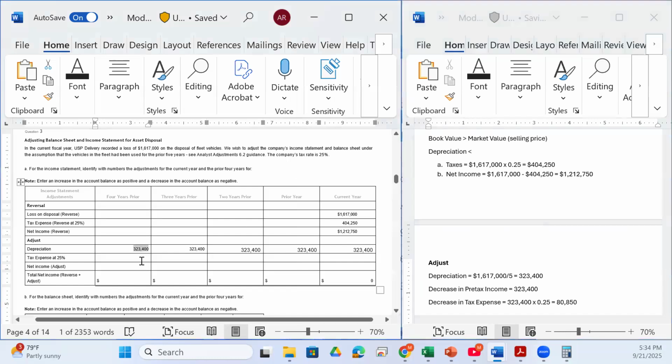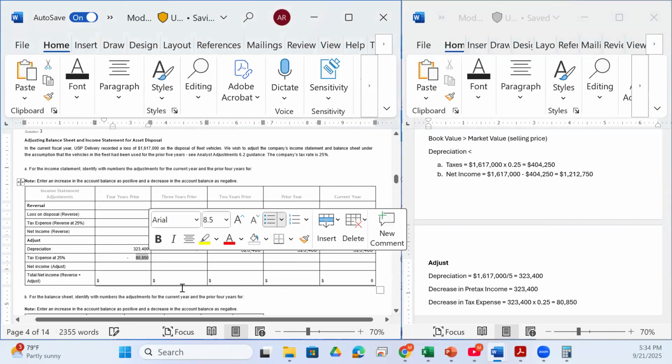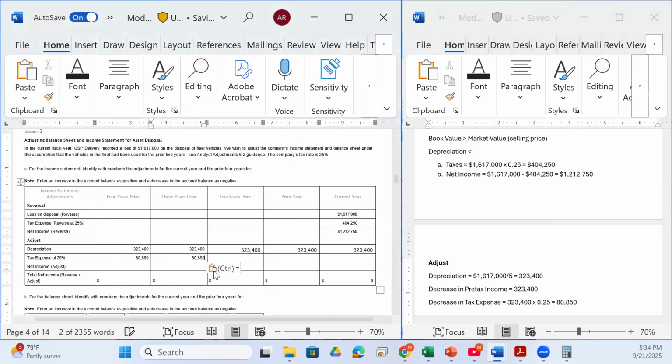Decrease, so it will be a minus sign here. Okay, so we are going to apply, the copy pasting is working. Okay.